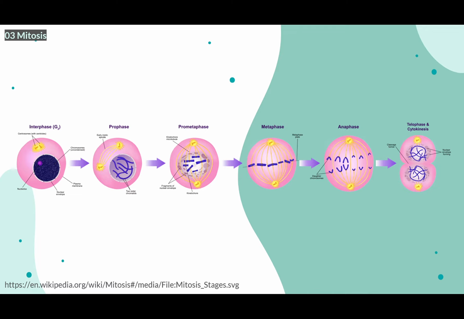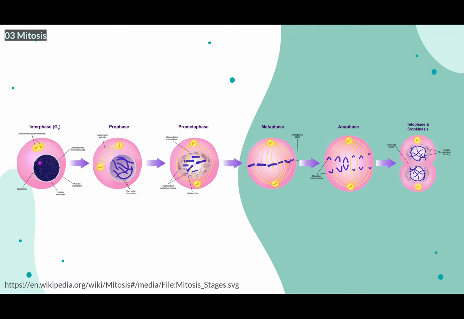And last, we have the telophase, which is once the two chromosome sets arrive, the fibers dissolve and chromosomes decondense, the nuclear membrane reforms, and cytokinesis occurs, splitting the cell. And cytokinesis is the process of cytoplasmic division, where the cell splits into two identical daughter cells.